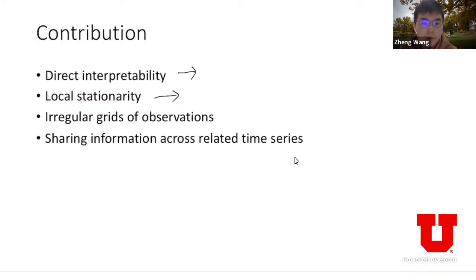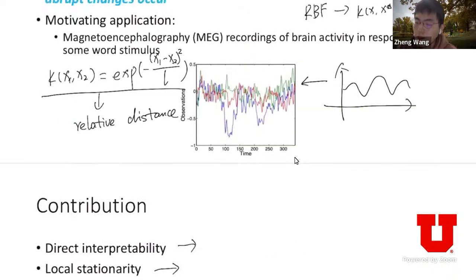And the irregular grids of observations: for time series data, usually in other standard algorithms to predict or analyze time series data, you always need a regular grid of time, meaning the time points are evenly distributed.